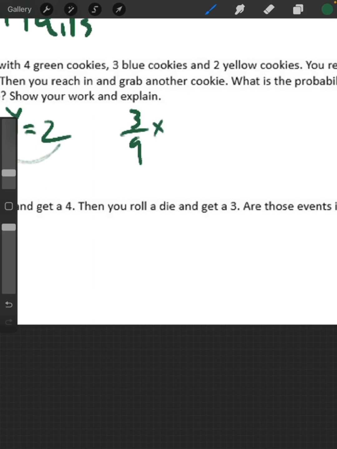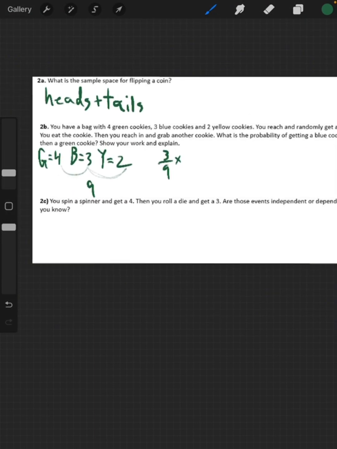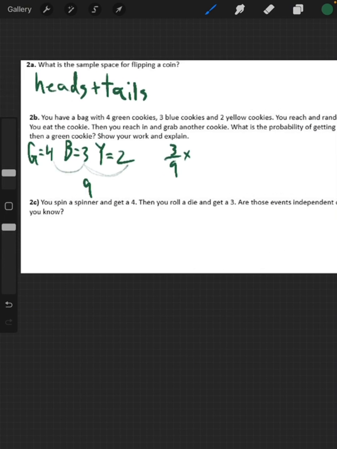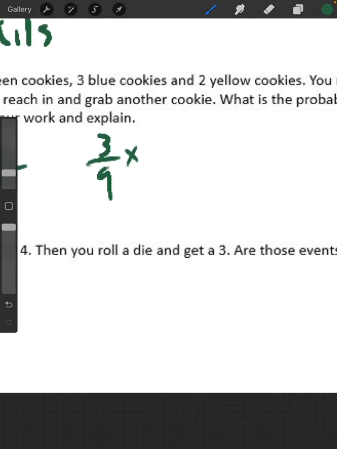Times, and then in the second one, there would be 1 less total cookie, so it would be out of 8. The second cookie you pull would be a green one, so it would be 4 out of 8, which is also 1/2.